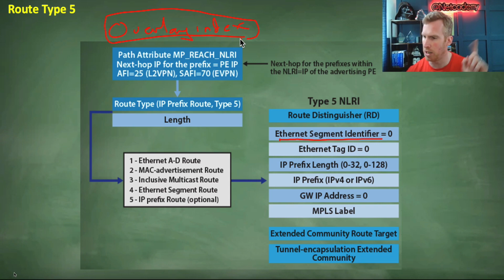Again, refer to this video if you don't know what IRB actually is. And what the overlay index basically defines is you could actually advertise that route type 5 via an ESI.